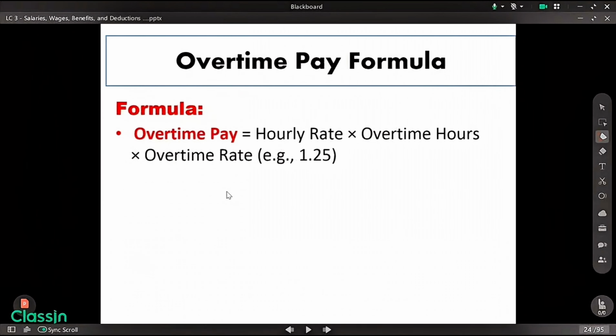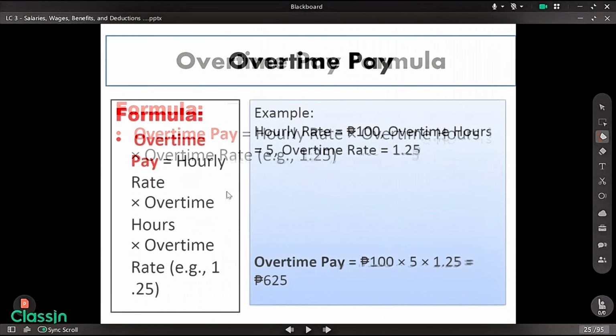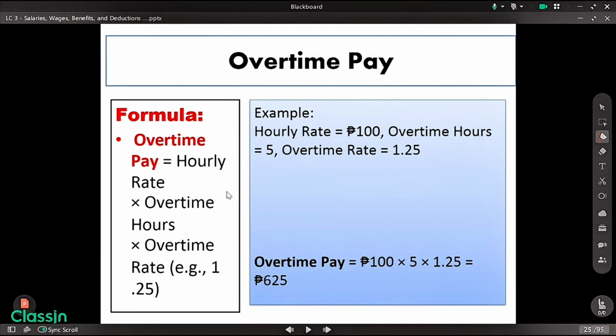So let's start first with the overtime formula. The overtime formula will be the hourly rate times overtime hours times the overtime rate. For example, here you have an hourly rate of 100 pesos. Let's say that your overtime hours is 5 and the rate is 1.25, and let's say it happens during regular work days.